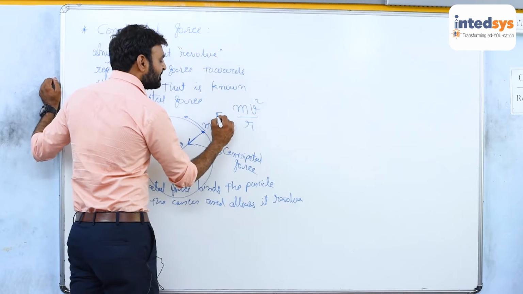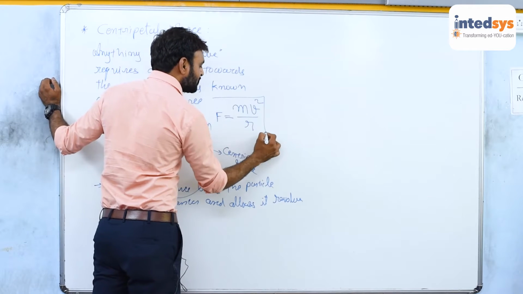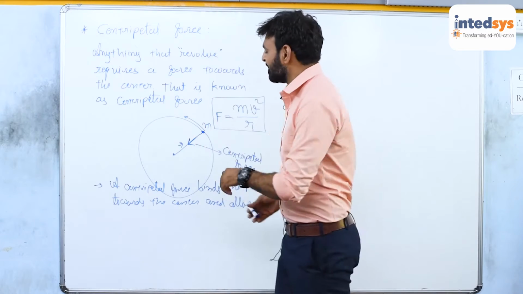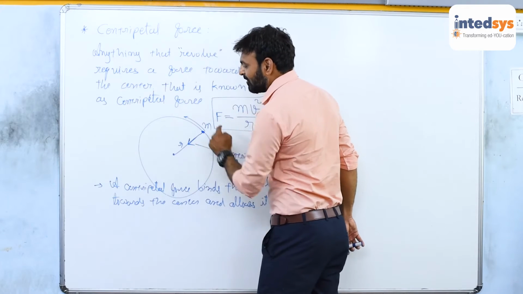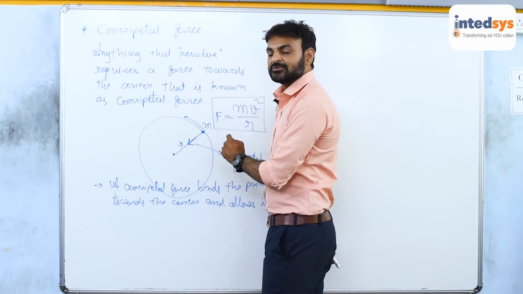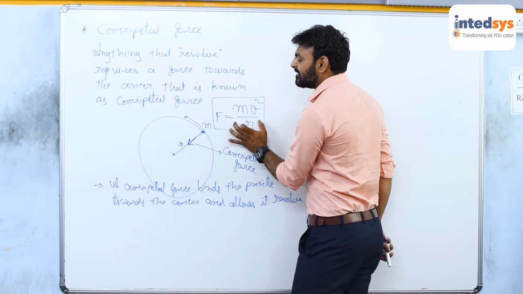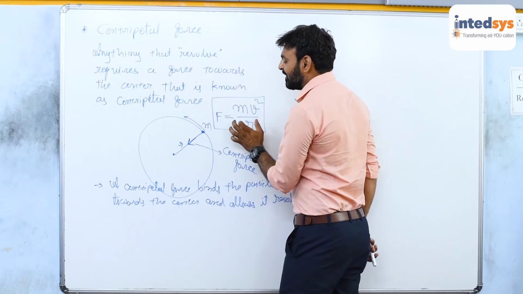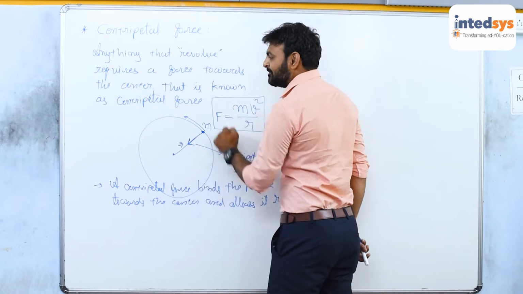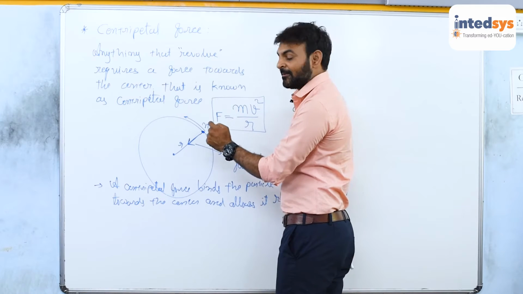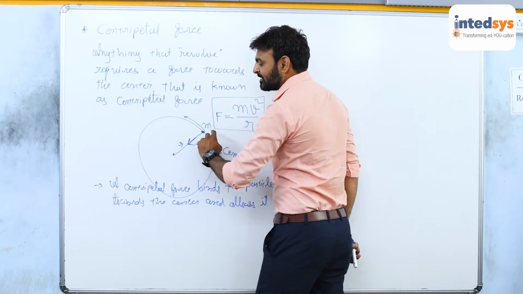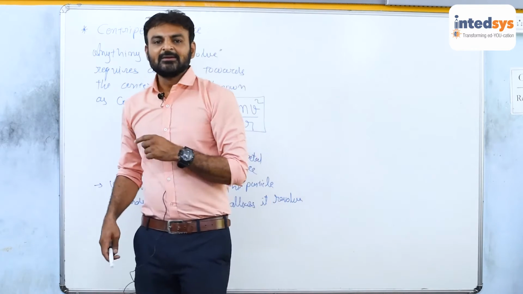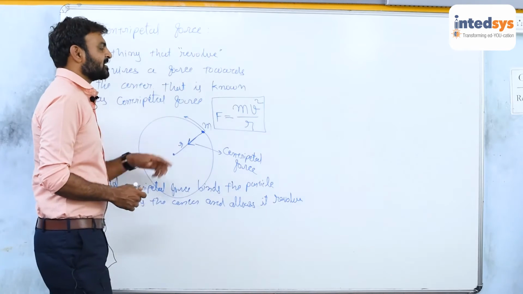This formula gives us the magnitude or the value of the force which is acting on you while you are revolving over the circumference of the circle, the required amount of force acting towards the center. So this is about the centripetal force.